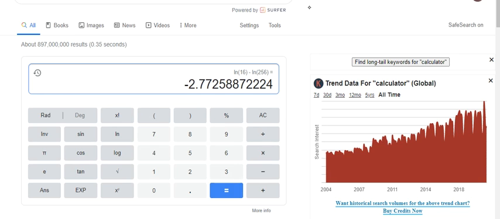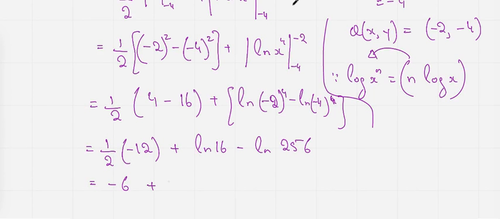It is giving you minus 2.772, so I can write up to 2 decimal places. That is more than enough for me. So it's going to be minus 2.77, so it is giving me minus 6 minus 2.77.